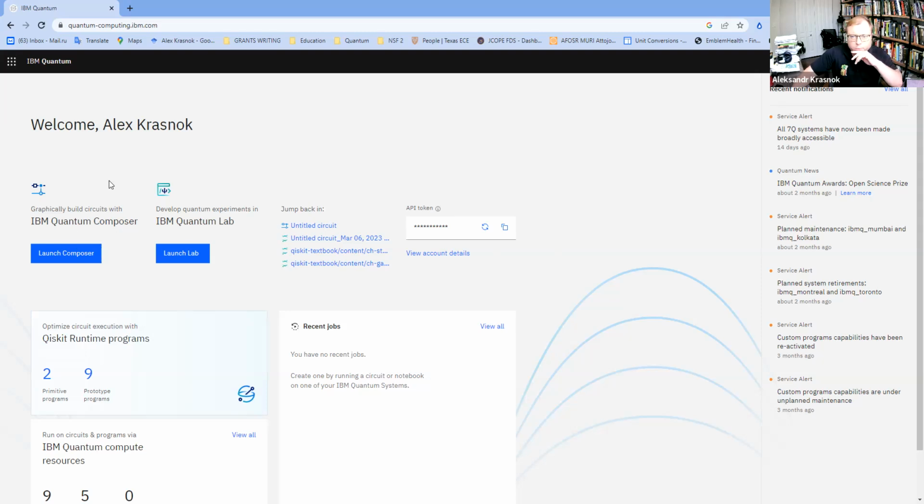As you get here, you will see basically two main platforms: the IBM Quantum Composer and IBM Quantum Lab.